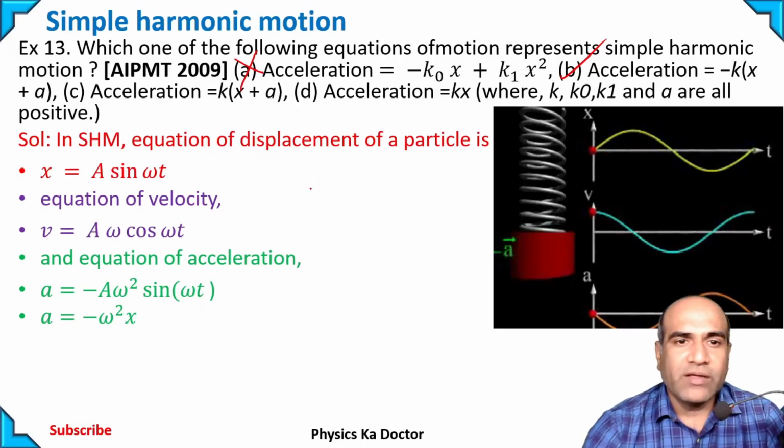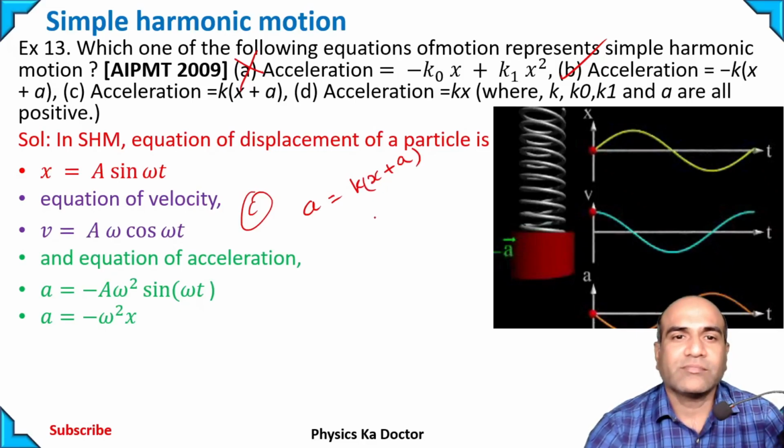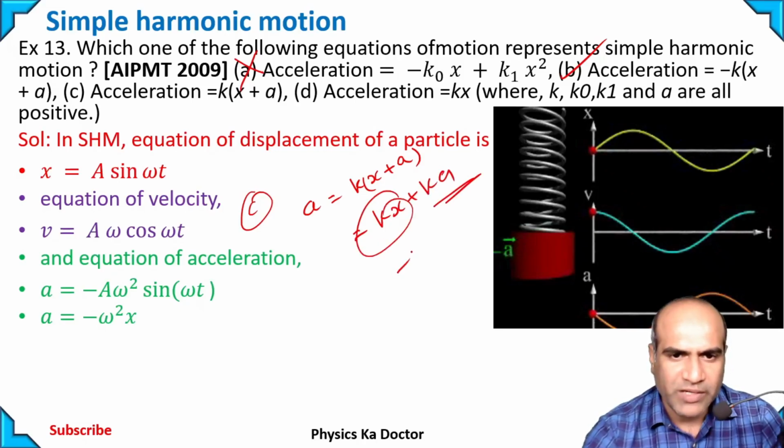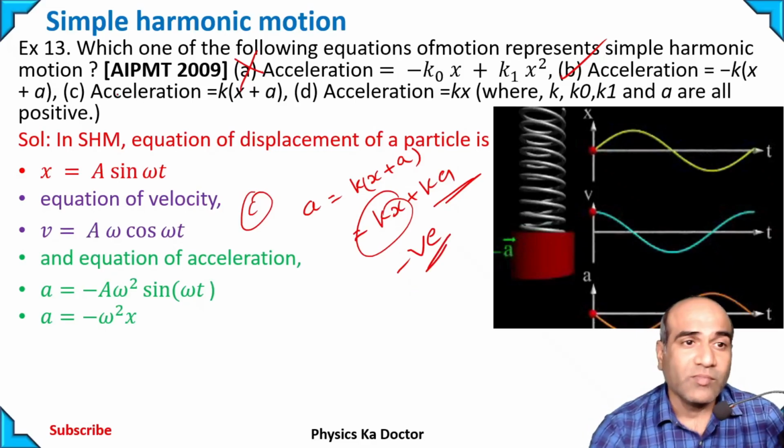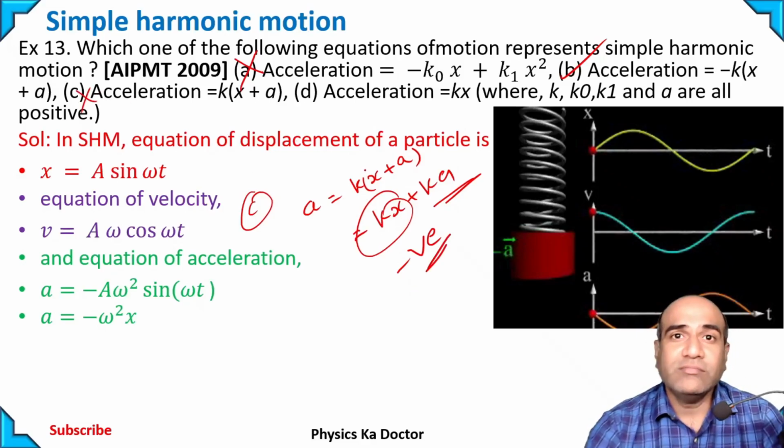What about the third? In C, acceleration is given as k in bracket x plus a. This is constant, okay, but this term should be negative, and here it is positive, so it is not near to that. So C is also not possible.